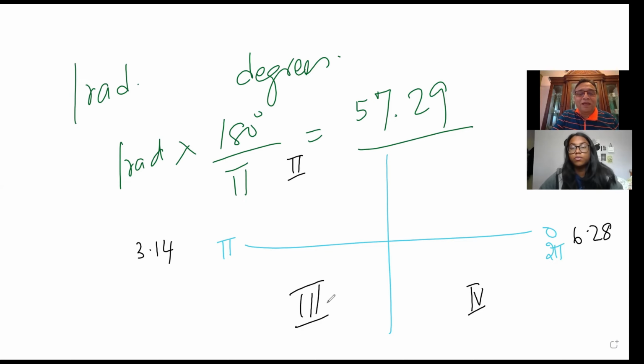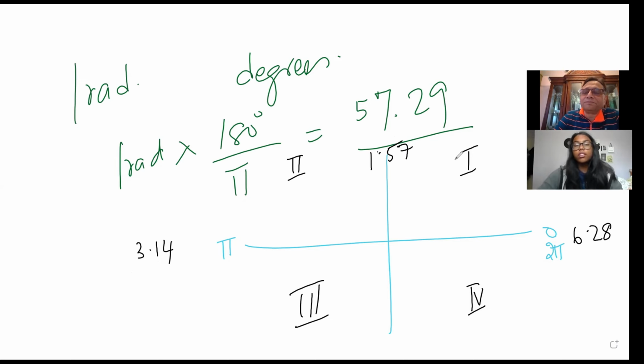And what is half of 3.14? Dividing by 2, we get 1.57. So anything less than 1.57 will be in quadrant 1. That gives you an idea of radian measurements, correct?